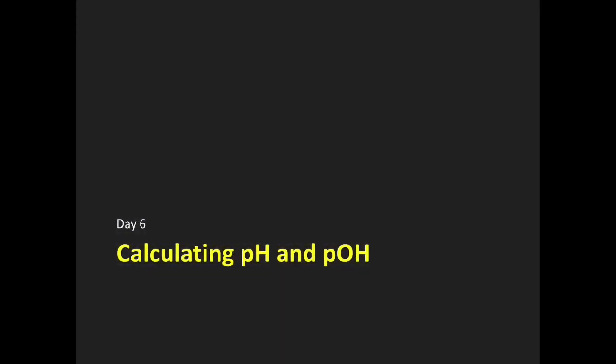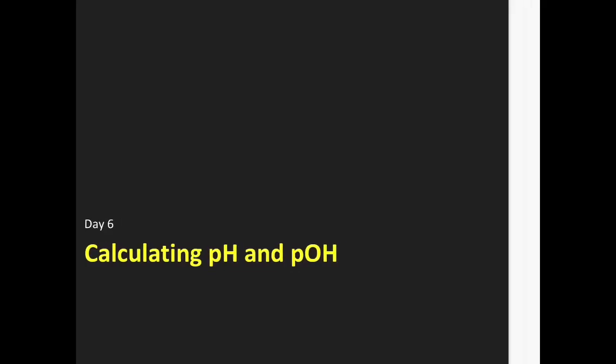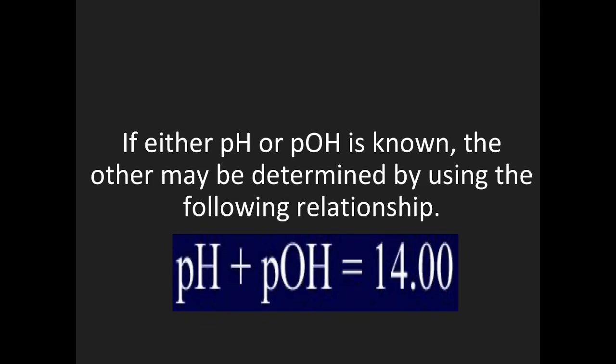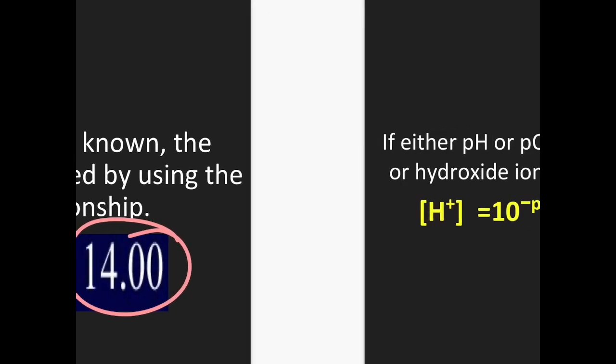Alright, so now we're going to slow down a little bit and talk about calculating your pH and pOH values. You did a lot of this during your projects, but we're going to go back now and take it from concentration and go back to pH and pOH. Still just as simple, but we're going to take some time and practice through it together. So as you all know, if you know the pH or the pOH, you can easily find the other that you don't know, because those two added together should give you 14.